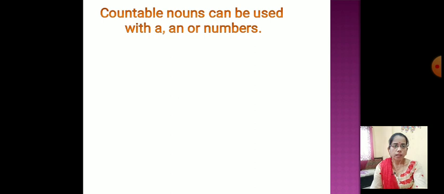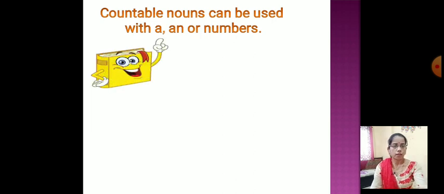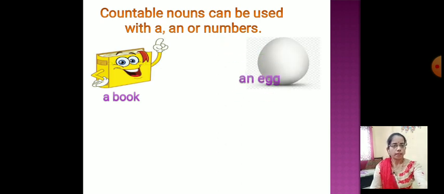See more examples. Countable nouns can be used with a, an or numbers. It means with a countable noun we can use a, an or any kind of numbers. For example, a book. Here is only one book. An egg. Only one egg is there.